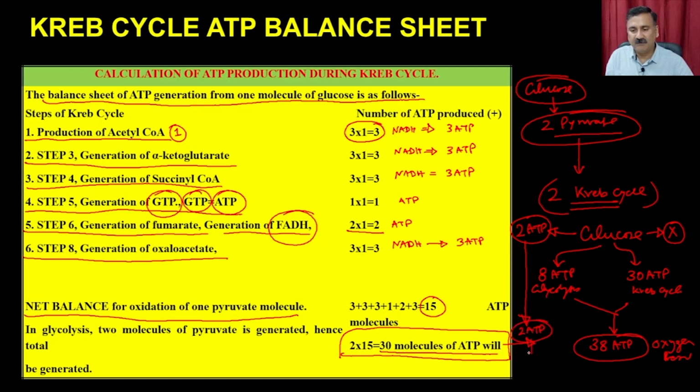So in the absence of oxygen, you are going to produce 2 molecules of ATP. In the presence of oxygen, you are going to produce 38 ATP molecules. The total production is going to be 40 ATP molecules, but you are utilizing 2 ATP molecules in the glycolysis, and that's why it is going to be 38 ATP molecules.